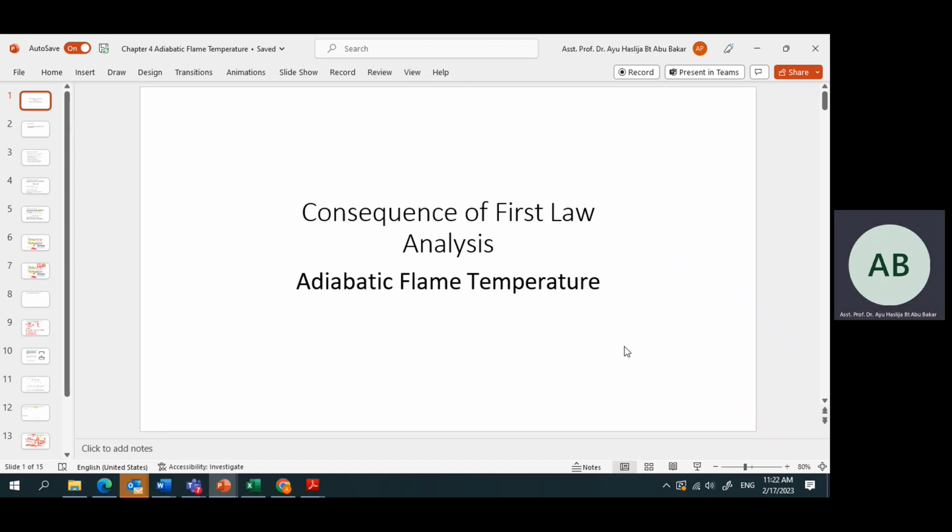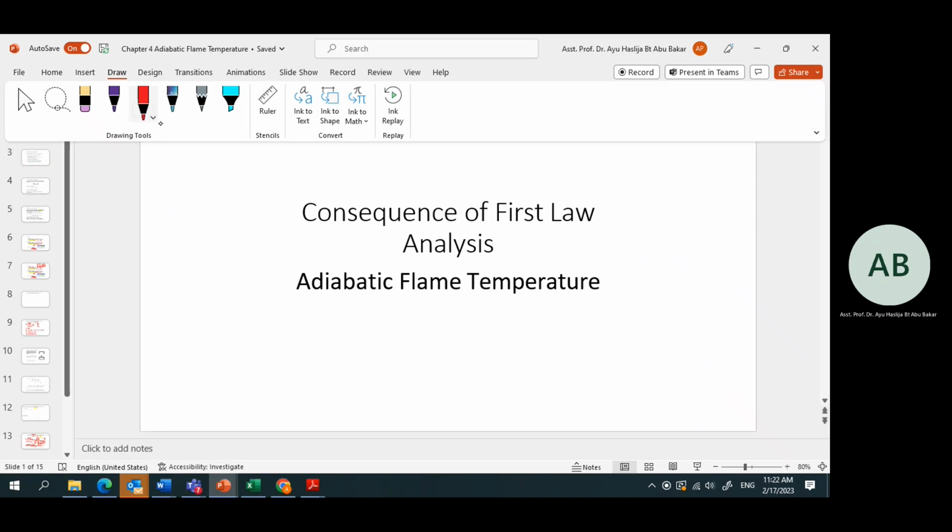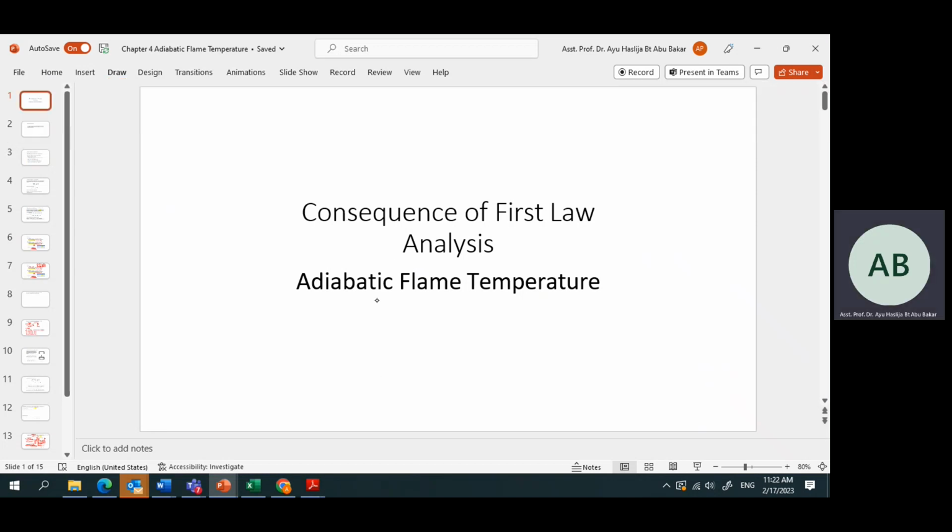For chapter 4, adiabatic flame temperature. From the term adiabatic itself, what do you understand? What is adiabatic? No heat transfer. Q equals 0. So the enthalpy, the heat calculation previously, where we calculated Q equals product minus reactant, right?